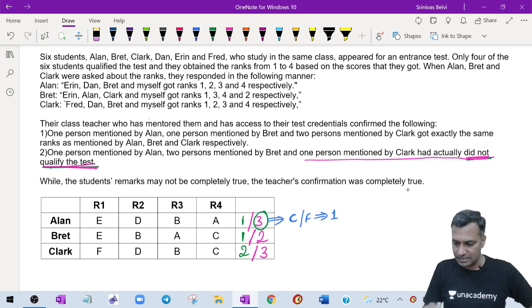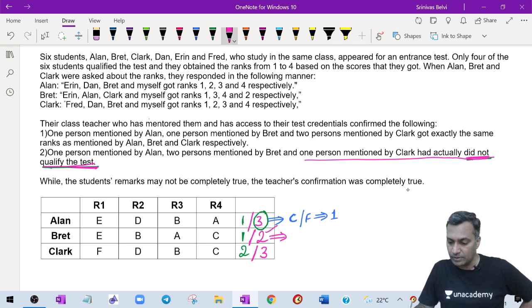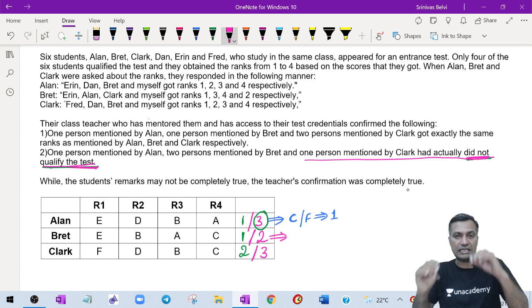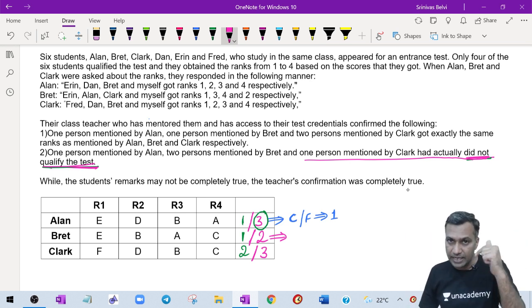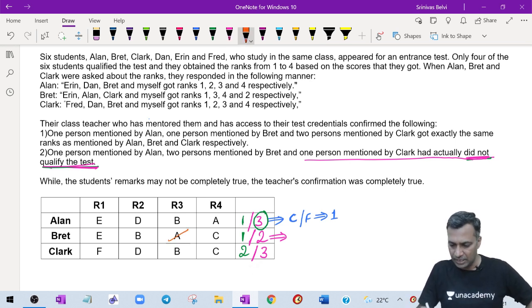Now let me come to B. Let's do a similar analysis for Brett. What Brett is saying, hey, two people. According to the teacher, two people in the rank list match with Brett's statement, which means the remaining two people are not matching. Who are those two people? Let's find out. A is here, B is here, C is here, D is not there, E is here, F is not there.